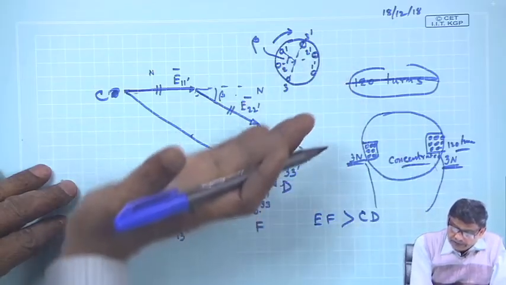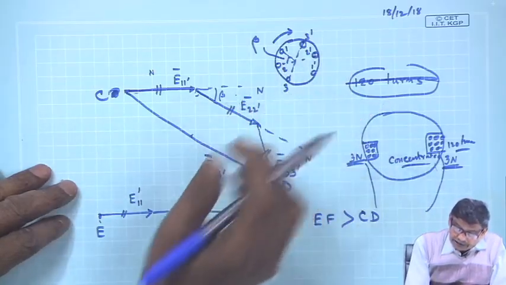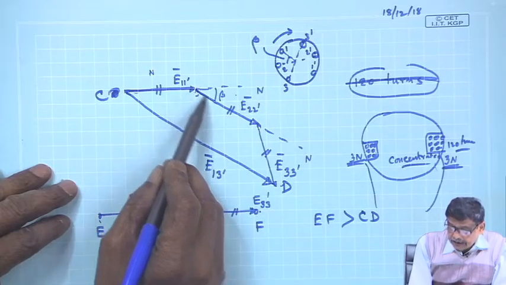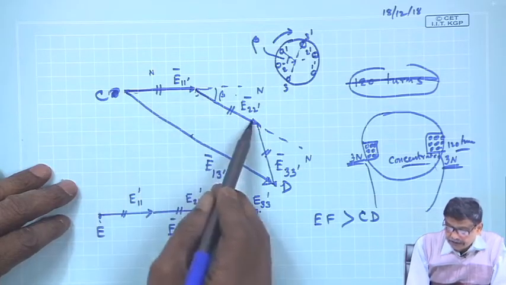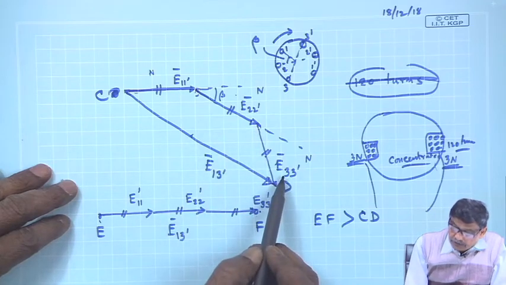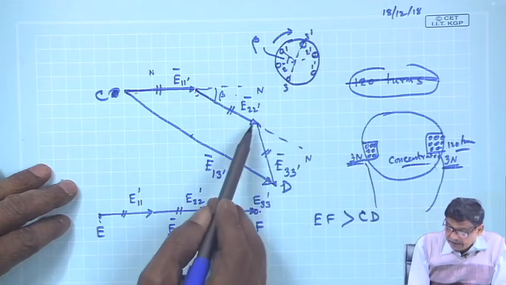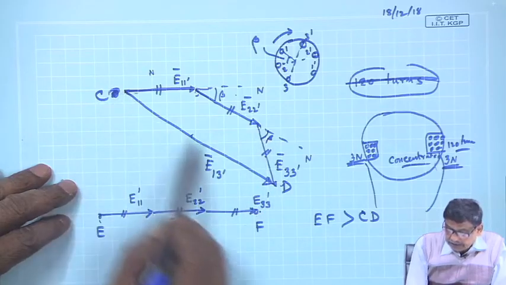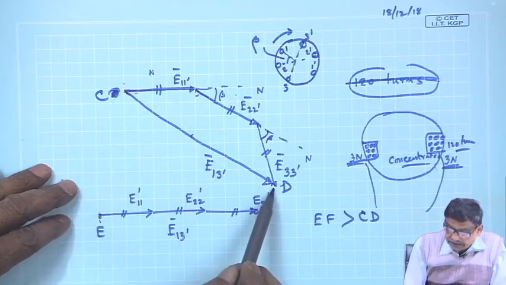Therefore, their phase voltages, voltage across those coils will lag 1 dashed by beta, and then voltage 3 dashed will lag by another beta angle, and so on, and the resultant RMS voltage will be this.